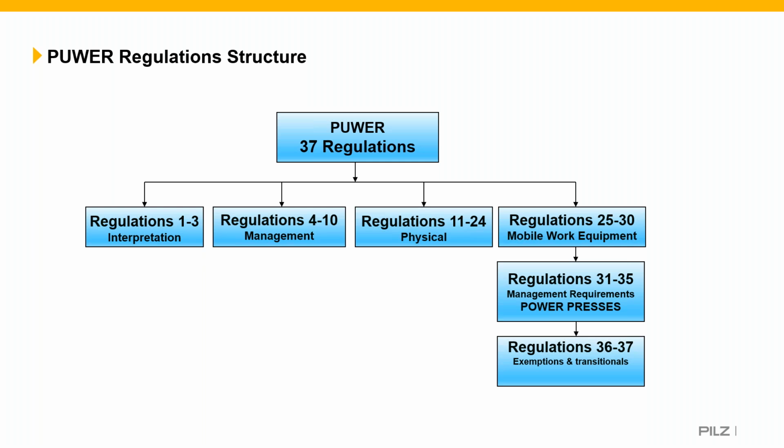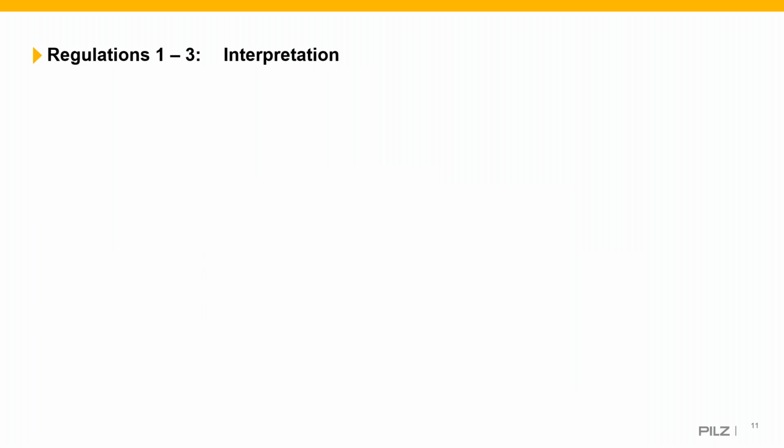It used to be termed as miscellaneous, but there are only a couple of simple regulations in there that you will see when we come through to that point of the presentation. So, regulations 1 to 3, the interpretation. If we look at regulation 1, that is literally what is the name, what date does it commence, what does it cover, intended use, and that sort of thing.